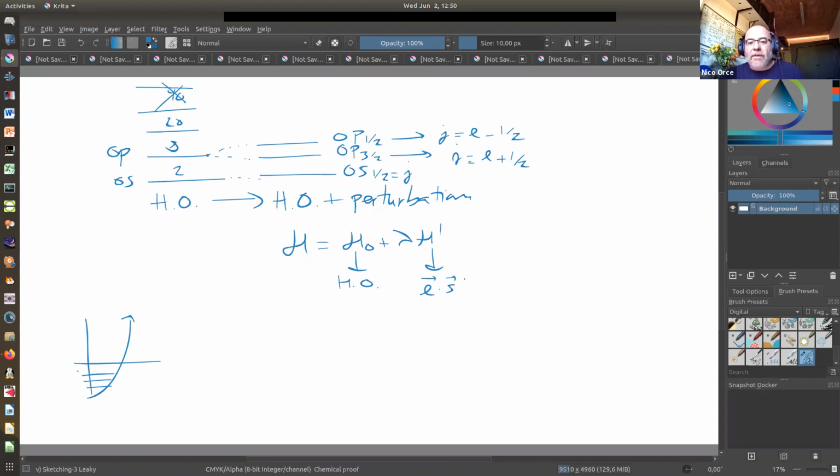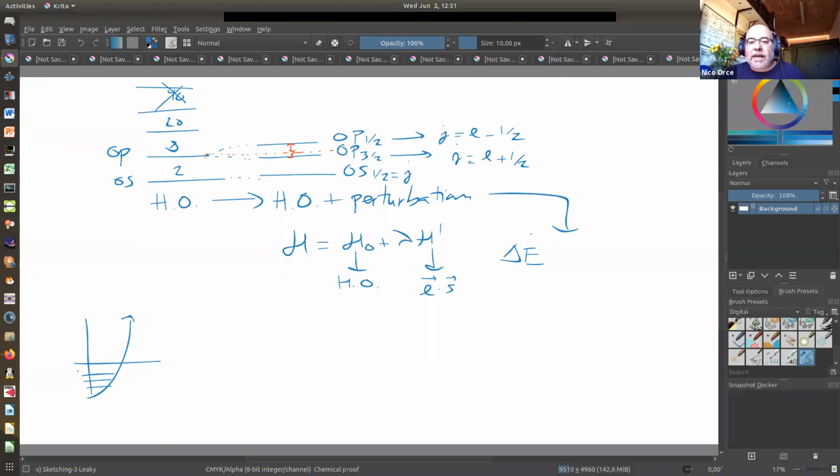So we have applied perturbation theory, and this delta E is the energy difference between the original harmonic oscillator and these levels going up and going down. So there's an increment in energy which depends on J and L, whether J is equal to L plus 1/2 or J is equal to L minus 1/2.